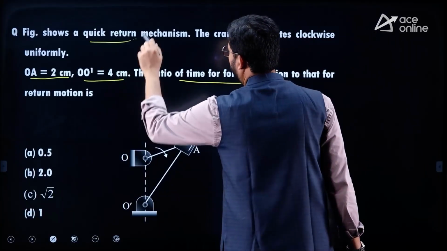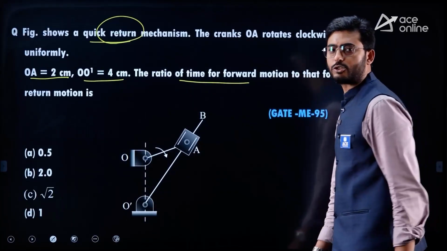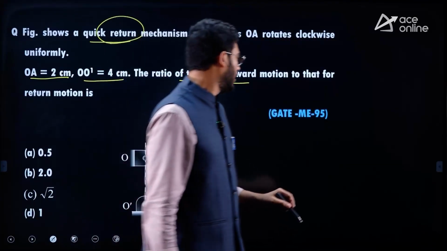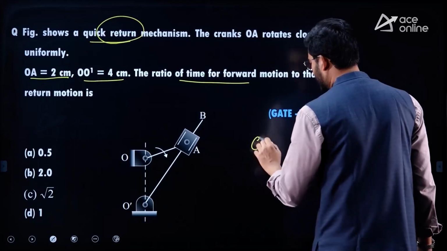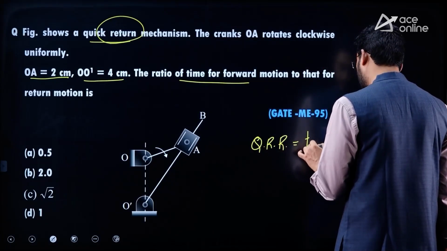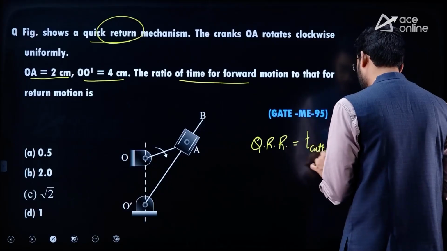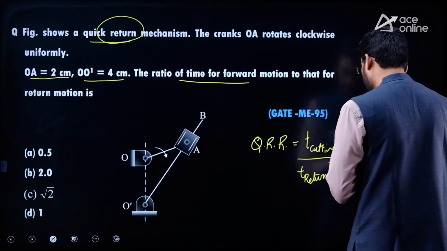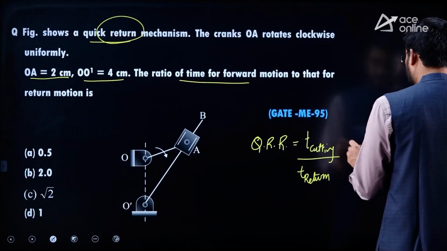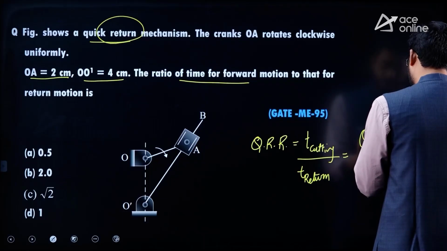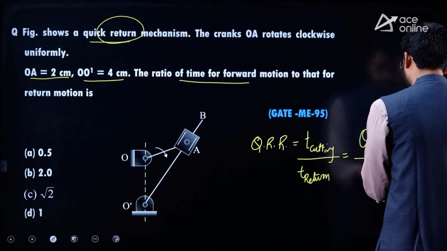So since it is a quick return mechanism, the return stroke time duration has to be definitely less. So here, if I write QRR, that is cutting time divided by time for the return stroke, this has to be greater than 1. Or this can be replaced with theta cutting divided by theta return also.